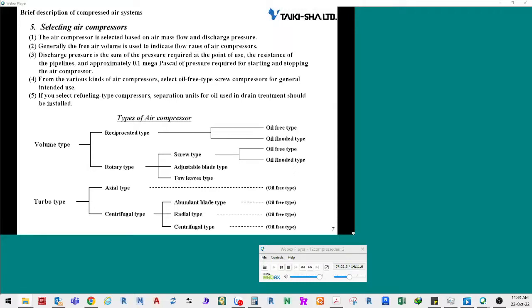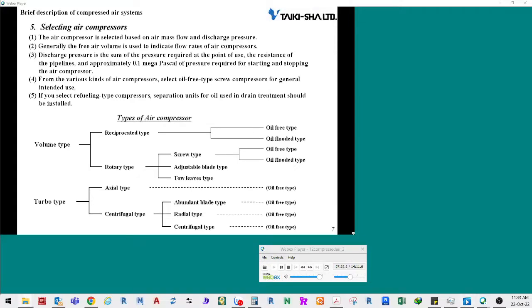Discharge pressure is the sum of the pressure required at the point of use, the resistance of the pipelines, and approximately 0.1 megapascal of pressure required for starting and stopping the air compressor. From the various kinds of air compressors, select oil-free type screw compressors for general intended use.